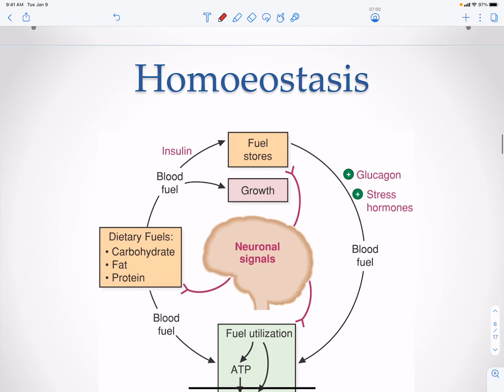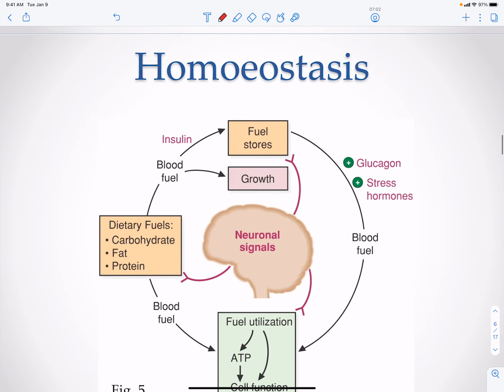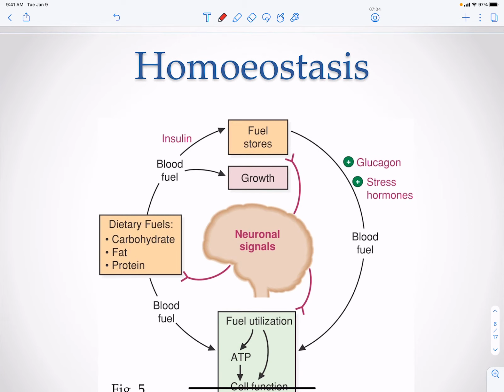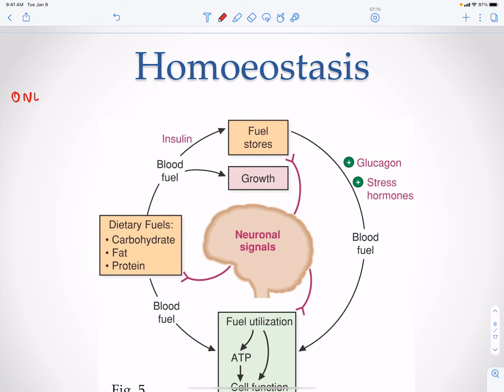Now again, glucose homeostasis is going to be critical. We do not want to be hyperglycemic or hypoglycemic, so maintaining blood glucose levels is essential. Now keep in mind that only insulin and glucagon are going to be released in direct response to changing levels of fuel.